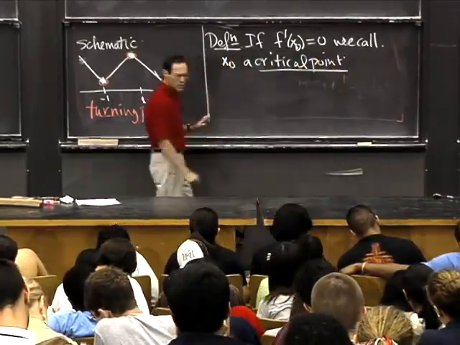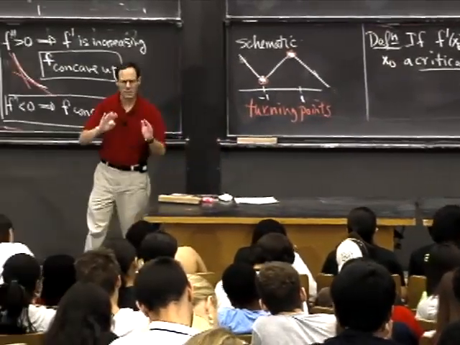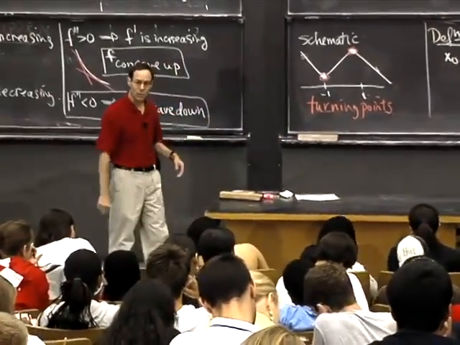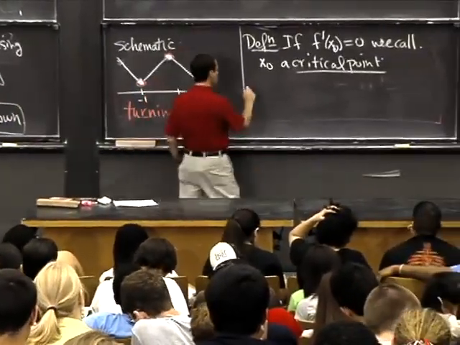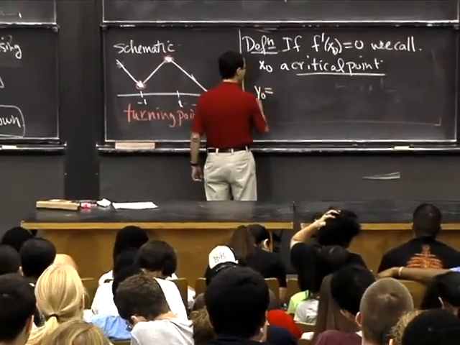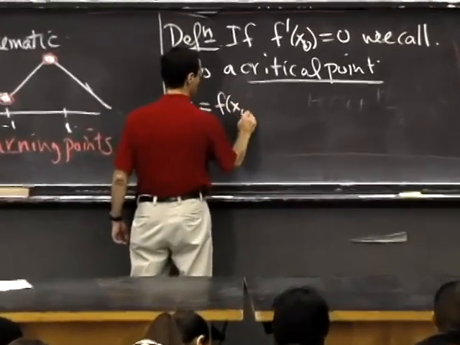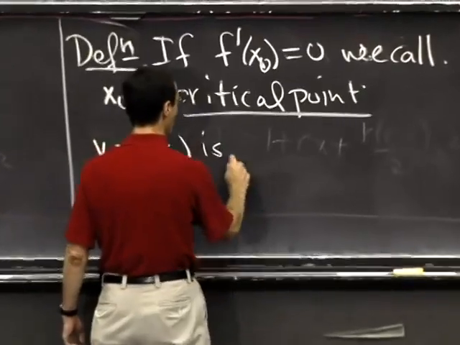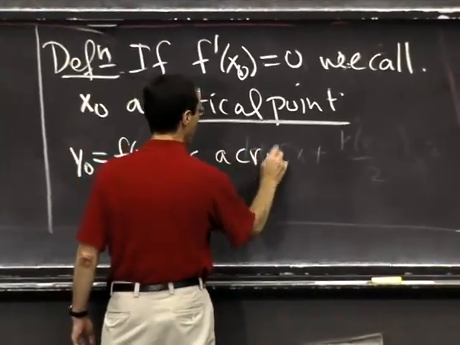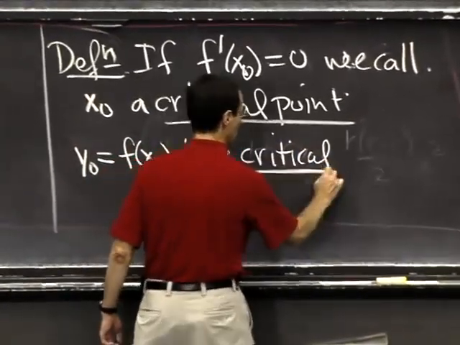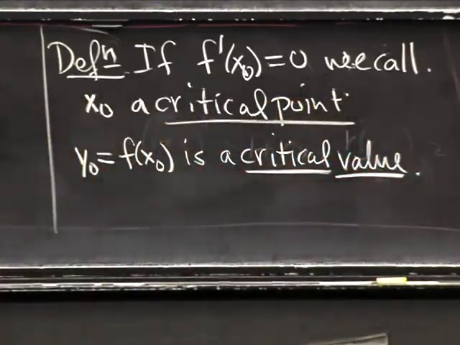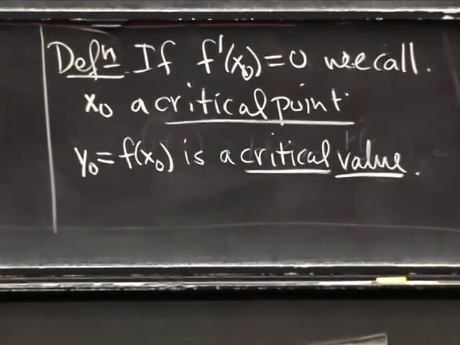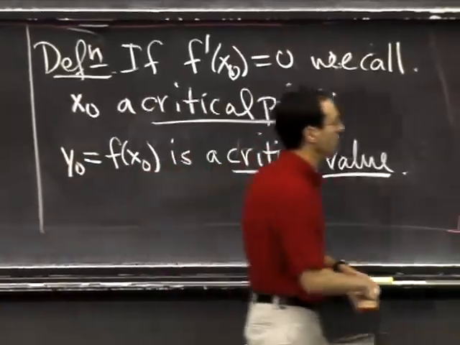Okay, the word turning point is not used, because it doesn't have to turn around at those points. But certainly, if it turns around, then this will happen. And we also have another notation, which is the number y0, which is f of x0, called a critical value. All right? So these are the key numbers that we're going to have to work out in order to understand what the function looks like.